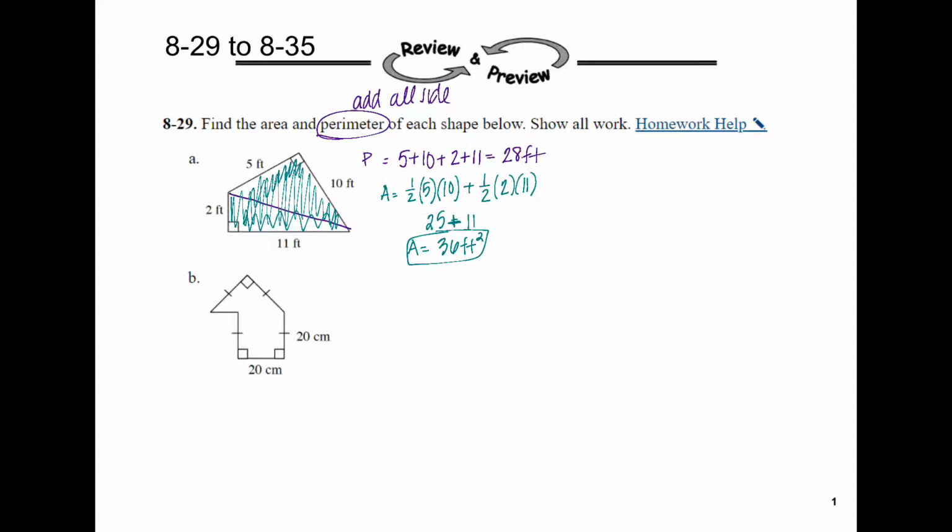Looking at problem B, I know that this side is congruent to these sides, so I know I am working with 20, 20, and 20. I can use my Pythagorean theorem to find the length of my missing side. So 20 squared plus 20 squared equals c squared.